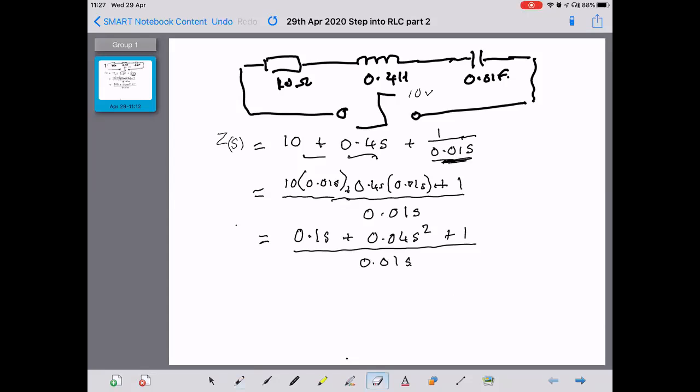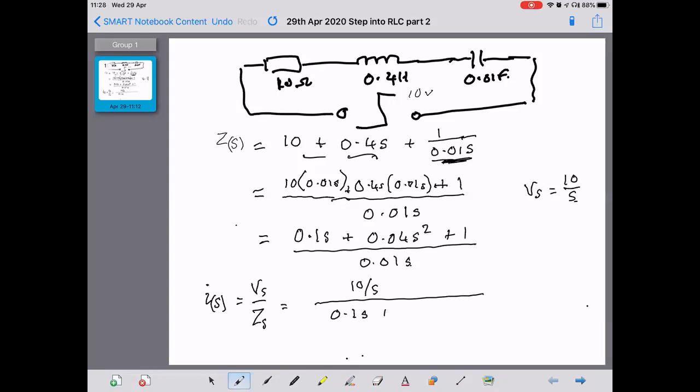Now we can bring in the fact that VS is equal to 10 over S. IS is equal to VS over ZS, which is 10 divided by S on the top of the fraction, and then all of this bit underneath: 0.1 S plus 0.04 S plus 1 all over 0.01 S. Everybody follow that so far?